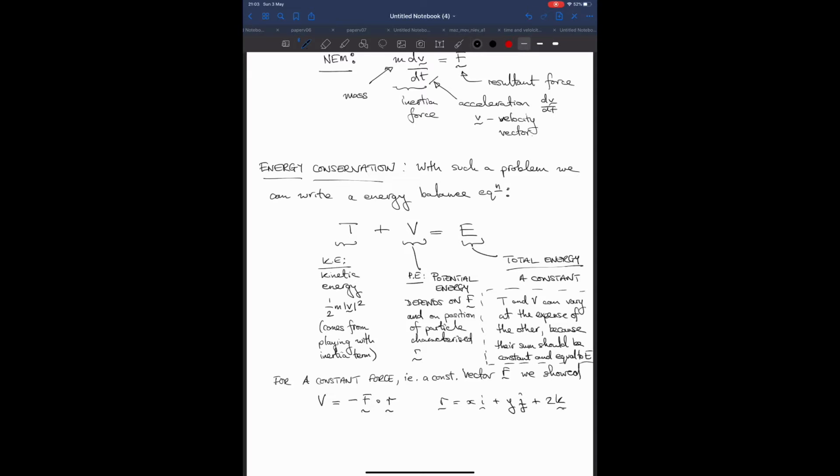Now, this is important because this shows us how mechanical energy can transfer. So if I increase my kinetic energy, which I can do by going faster, then something has to happen to my potential energy in order for the total energy in the system to be conserved, in order for E to remain constant when I add my potential energy to my kinetic energy.